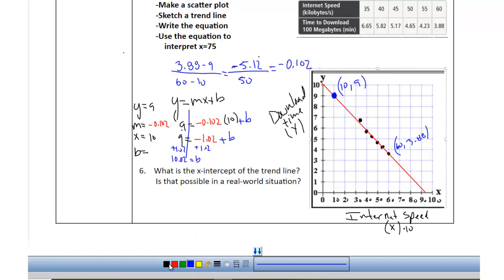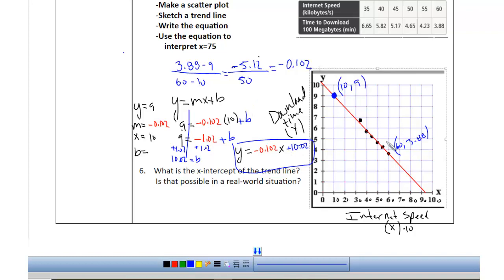Okay, so then the equation for my line here is y equals negative 0.102x plus 10.02. So the numbers weren't as nice, but the process is just the same.